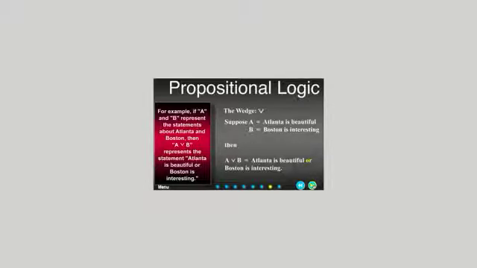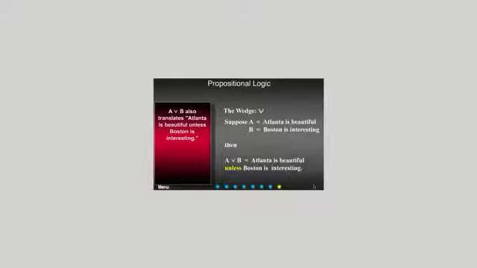So for A and B from before, either A, Atlanta is beautiful, or B, Boston is interesting. Or you could say Atlanta is beautiful unless Boston is interesting. But what this will mean is only either one is the case.